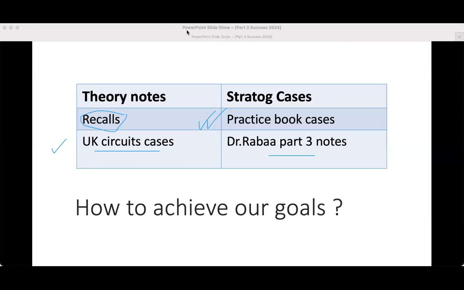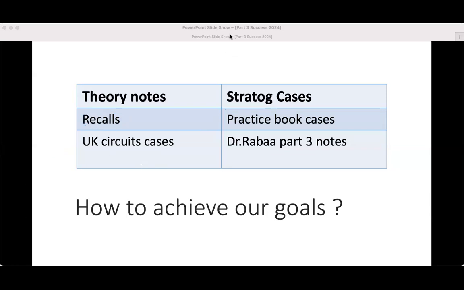So it's not about giving you a script for the Part 3 answers, because it doesn't go this way. You are face to face with the examiners, and they are very smart and they know who is a pre-scripted person and who is the person who has a good concept and clear logic.